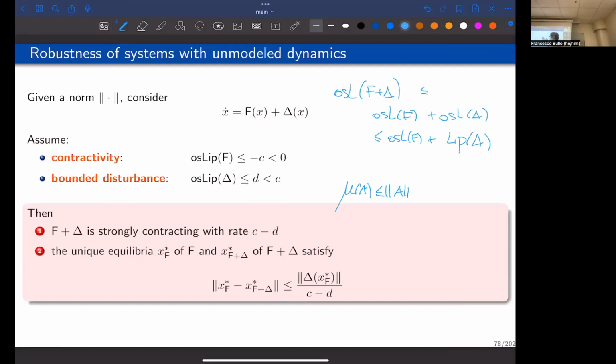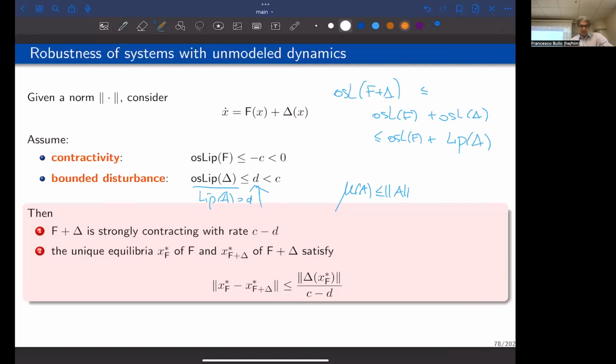So, standard assumption, this is contracting. The other one, well, if it's contracting, great. But if I don't know anything about it, maybe natural to just say, let's imagine that delta is either expansive with rate d, or the Lipschitz constant of delta is equal to d. And now, what do you need in order to have contractivity?